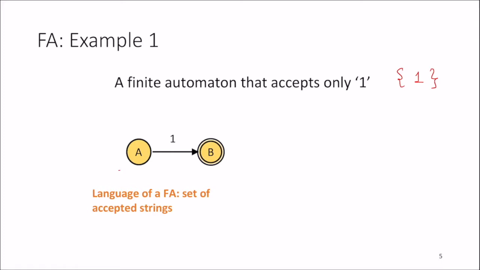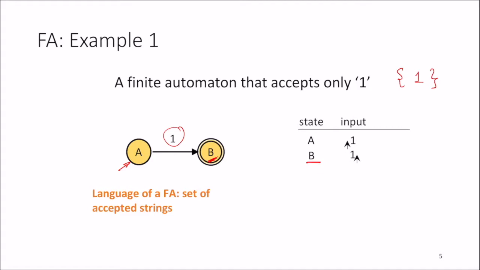We start from the start state over here, and if we see an input 1, we end up in this state B, and that B, as you can see from the visual cue of the double circle, is the final state. So if I start with state A and take some input, I would scan past that input symbol 1 and end up in state B, right?